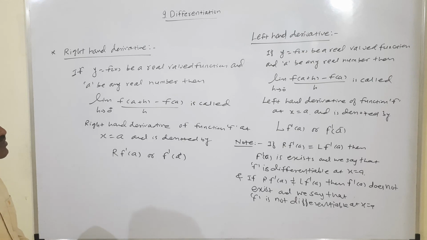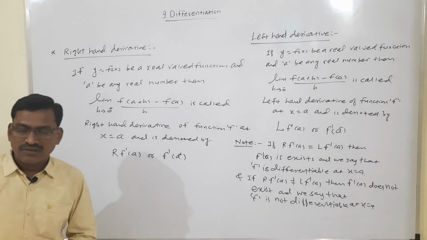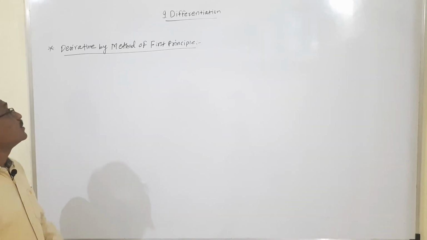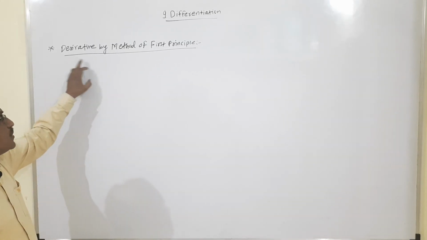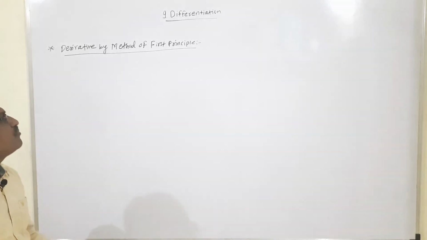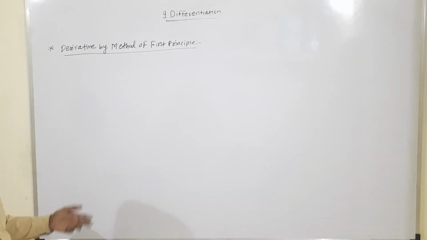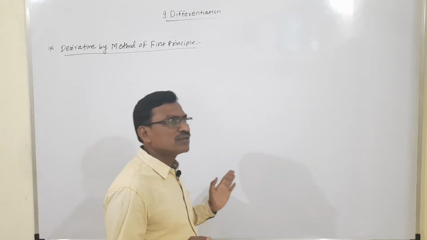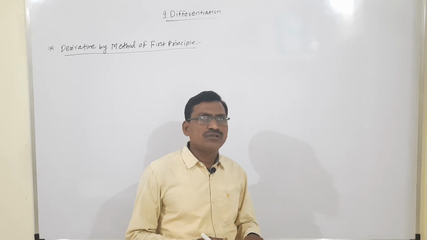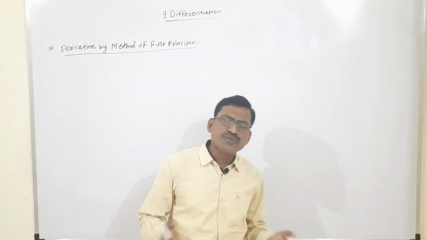Now we will take the next article: derivative by the method of first principle. Suppose our question is like this: find the derivative of the given function by using the first principle method.